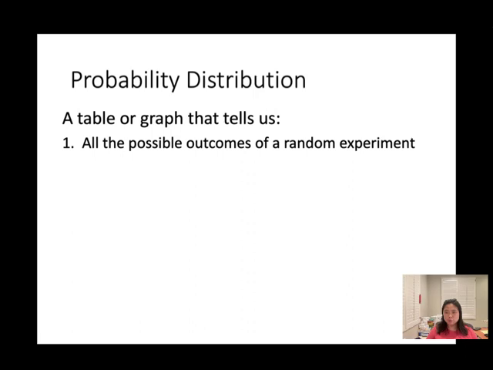We perform an experiment and write down all the possible outcomes you can get from that experiment. Then from the table, you can find the probability of each outcome. So you write down the probability for each outcome of your random experiment. That's called a probability distribution.